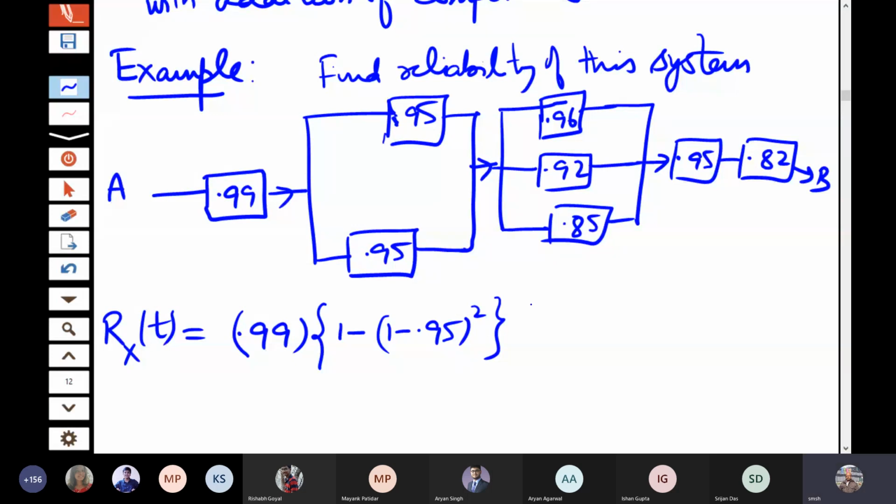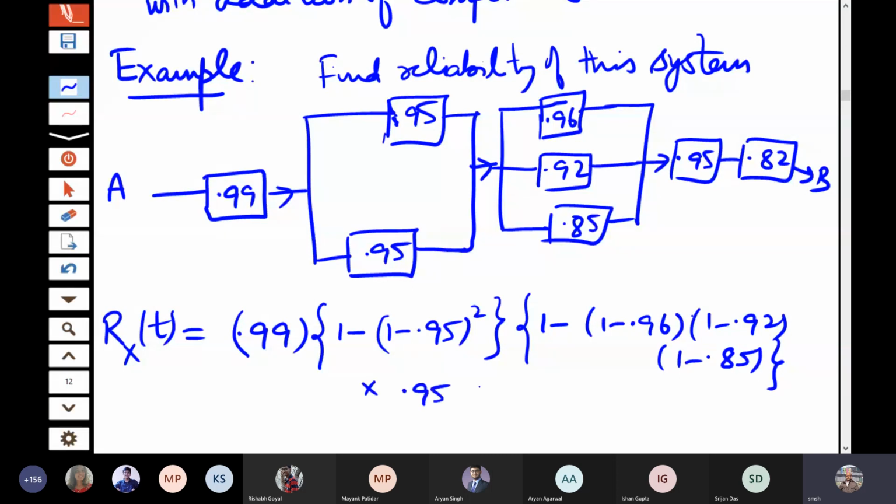Then you will have the third one, 1 minus 0.96, 1 minus 0.92, 1 minus 0.85, and then multiplied by 0.95 into 0.82. So this will be the system reliability here.